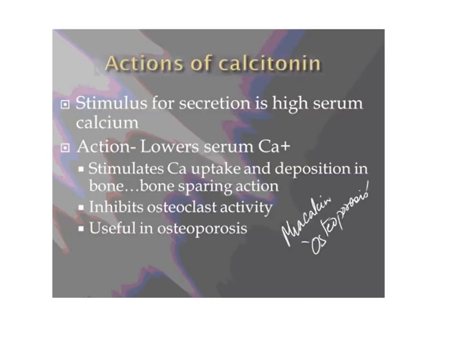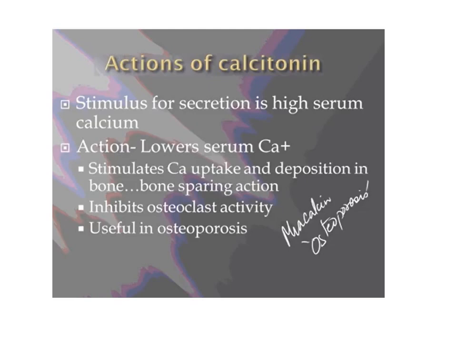Now, what are the actions of calcitonin? The stimulus for secretion is high serum calcium. When there are high levels of serum calcium, there is secretion of calcitonin, which lowers it and helps in the calcium uptake and deposition in the bone.